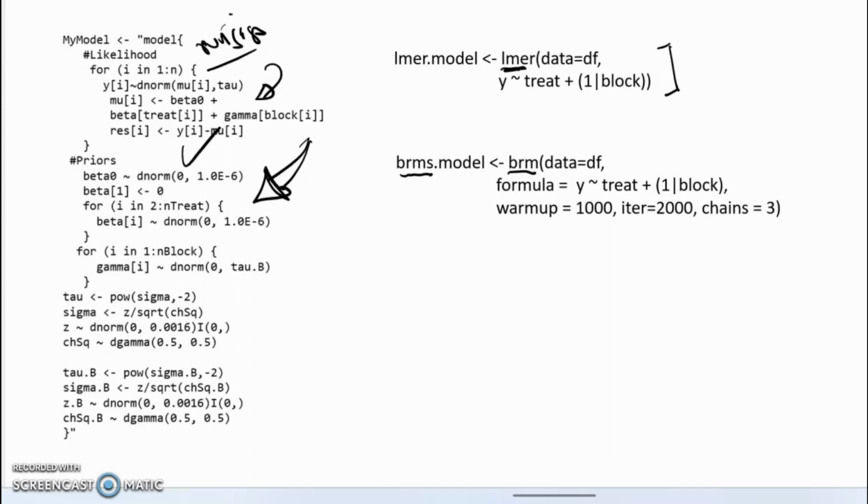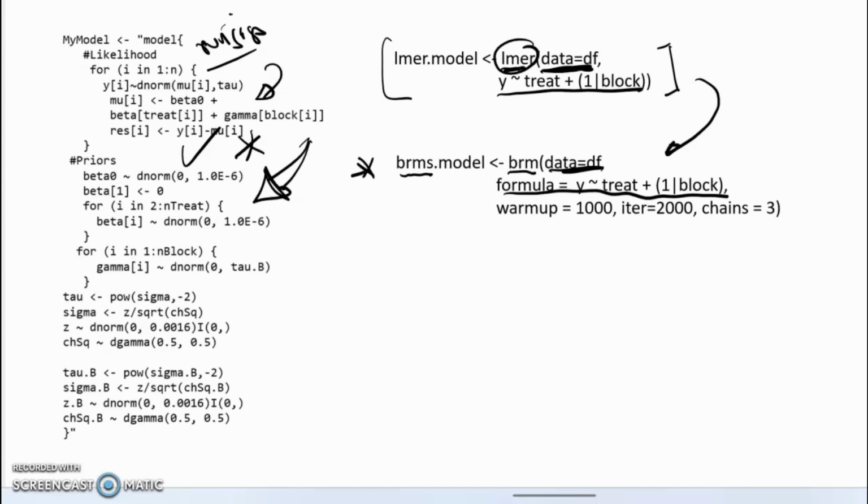But the code that we provided, if you look at LMER, there's the data specification, and there's the formula. There's the data specification, there's the formula. So you've got a whole lot of folks out there that are familiar with LME4 and the LMER function, and they can just essentially use the same code to do Bayesian analysis. So we can see the obvious advantage of BRMS over runjags in that it has much simpler code.